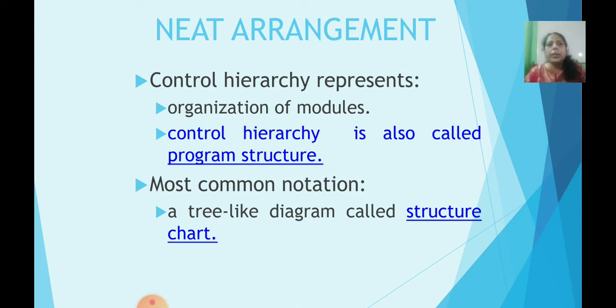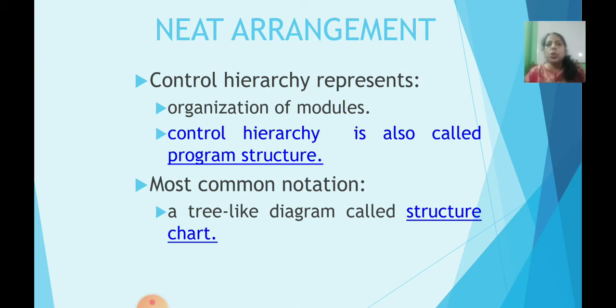Control hierarchy represents the organization of modules. Control hierarchy is also called program structure, meaning the modules are represented in a hierarchical manner. From the SRS document, the software engineers convert into different modules, and the modules are represented in a hierarchical manner, that is known as program structure.